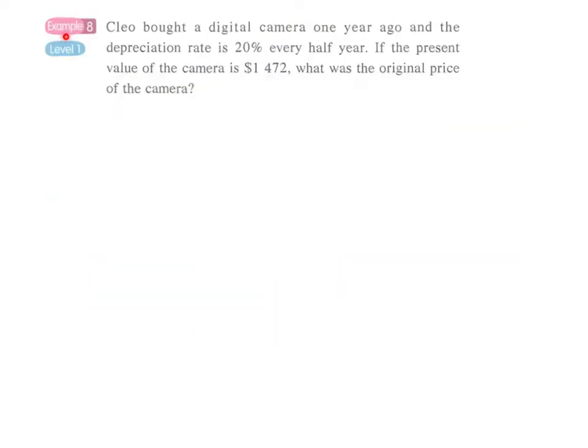Okay, example number 8. A digital camera was bought 1 year ago, and the depreciation rate is 20% every half year.